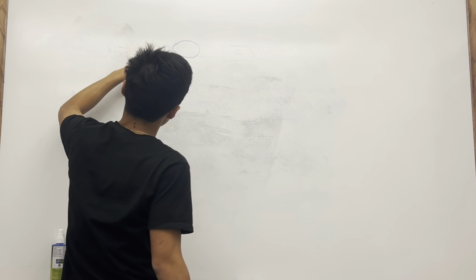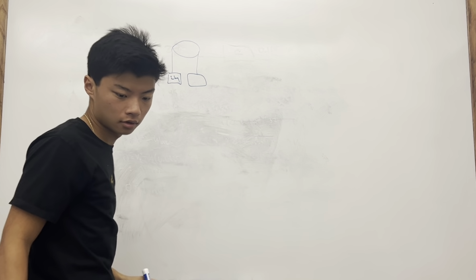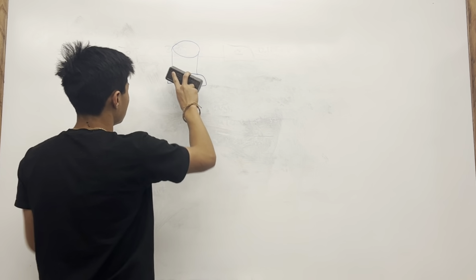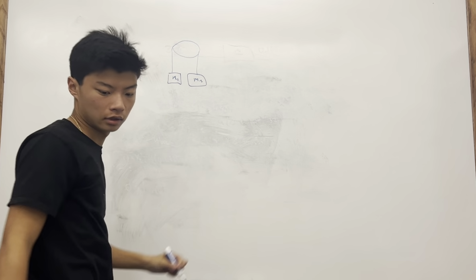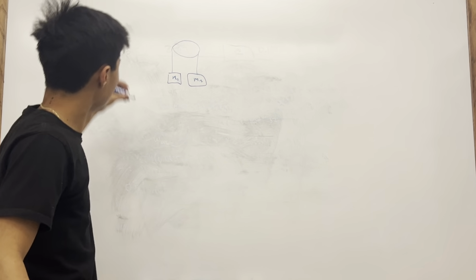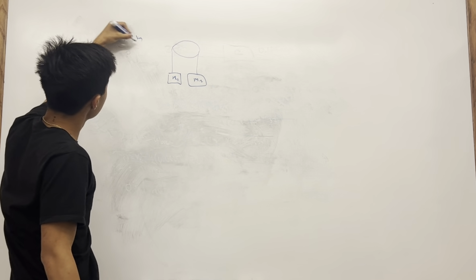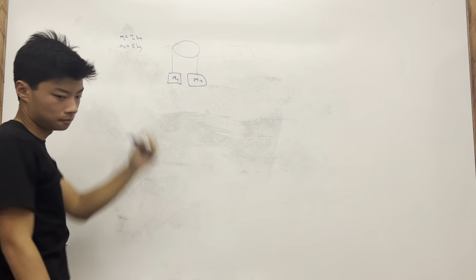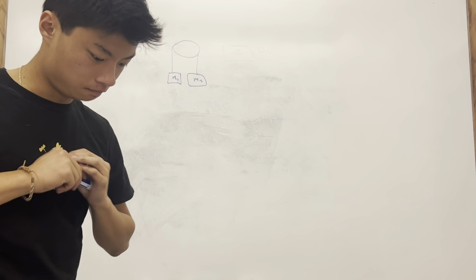And then mass 2. We just label this mass 1, mass 2. And mass 1 equals 2 kg, mass 2 equals 5 kg.